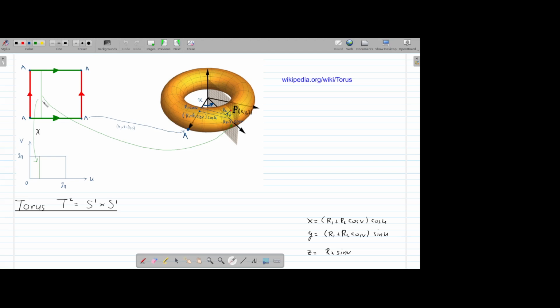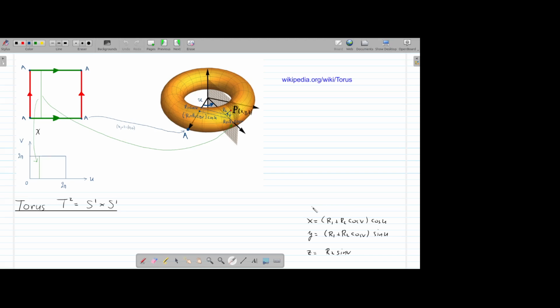So with this representation of the torus, we see how we can define coordinates U and V. We can take U ranging from 0 to 2 pi, without 0 and 2 pi included in the range, and similarly for V. And map a point UV onto a point on the torus using these relations here, where now the point P on the torus is defined by x, y, and z.